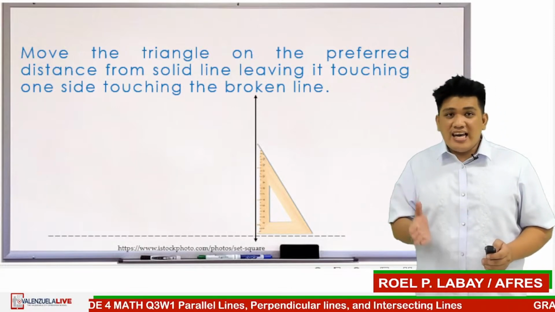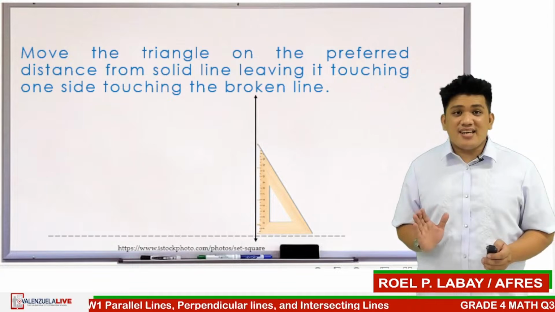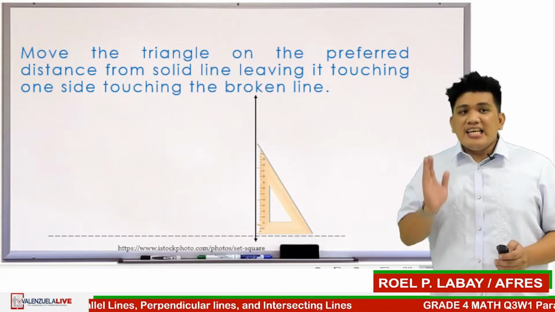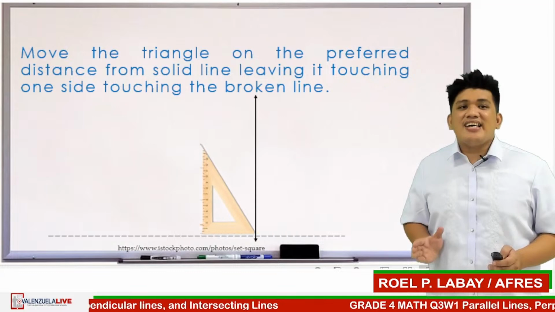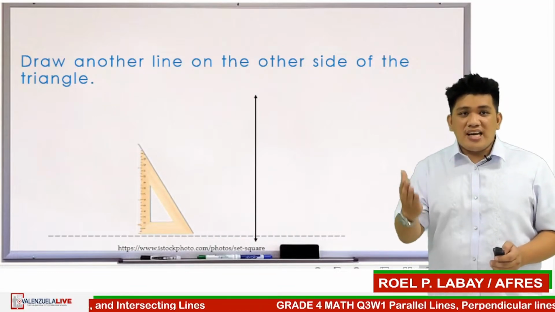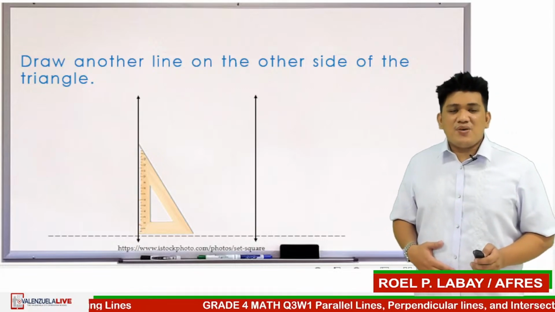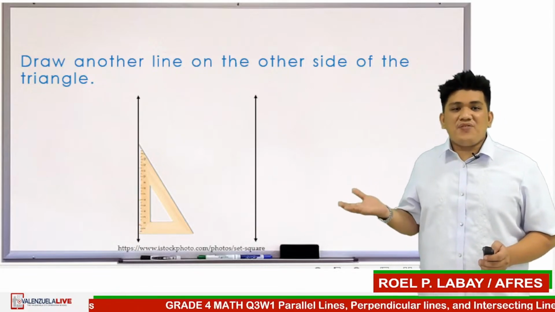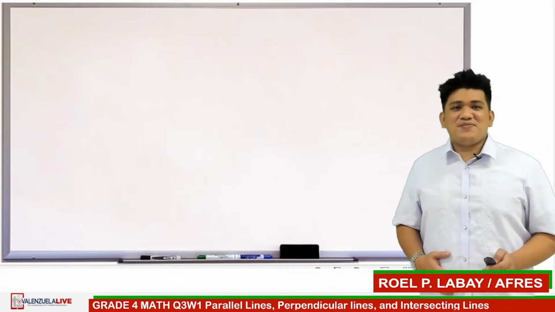And after that, move the triangle to the preferred distance from the solid line, leaving it touching the broken line. Then we will draw another line on the other side of the triangle. Now we can say we have parallel lines.